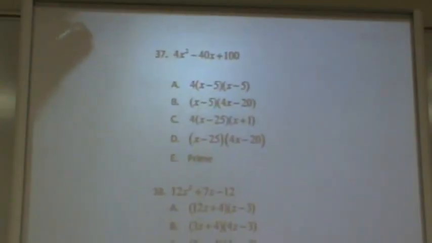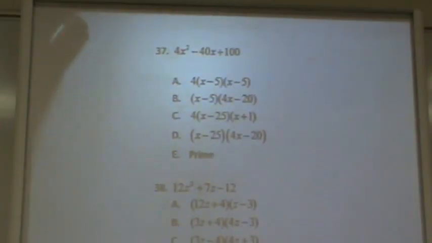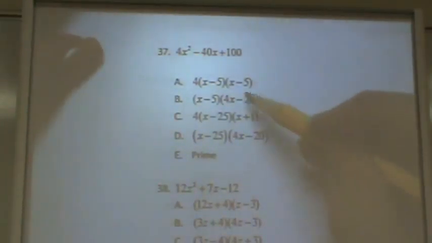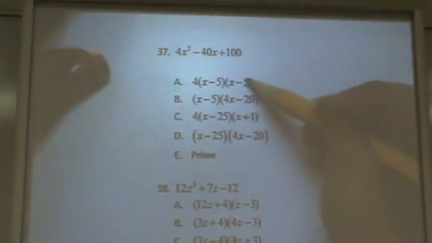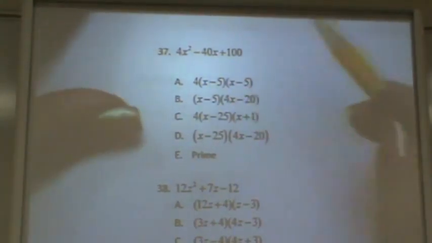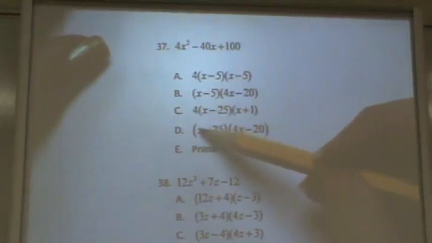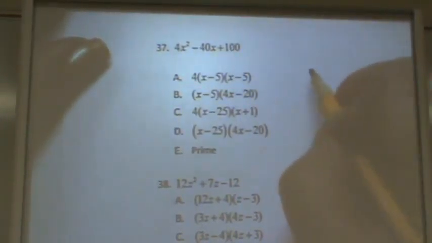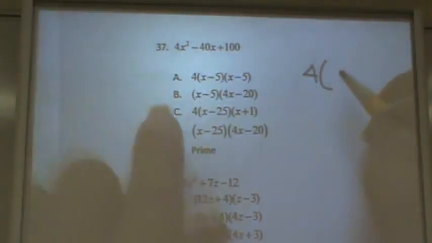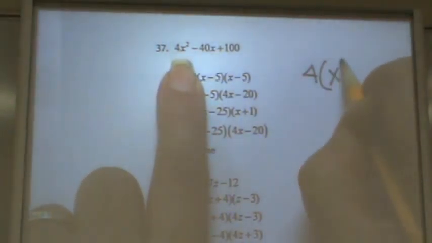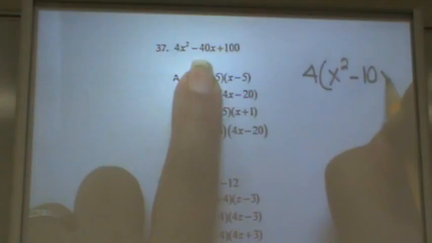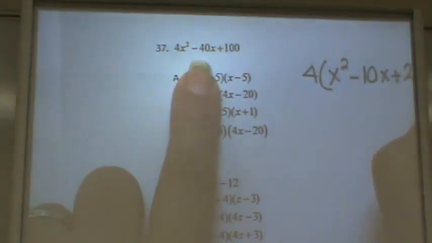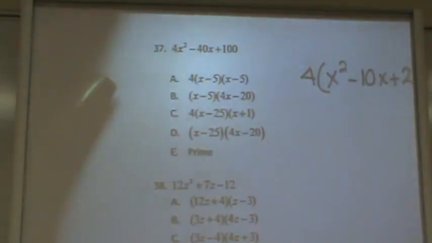37, when you're factoring these polynomials, always look at your answers. This is going to give you a hint. I see a 4 sitting out. So ask yourself, could I pull a 4 out of this whole thing? Yes, you can. 4 goes into all of these, like that.